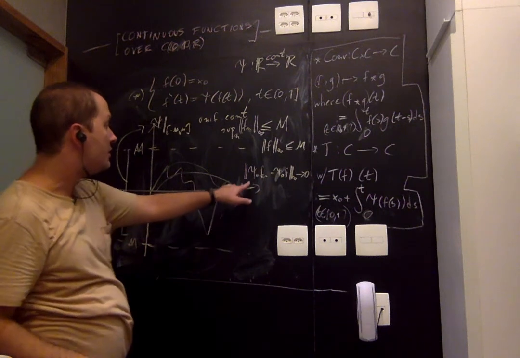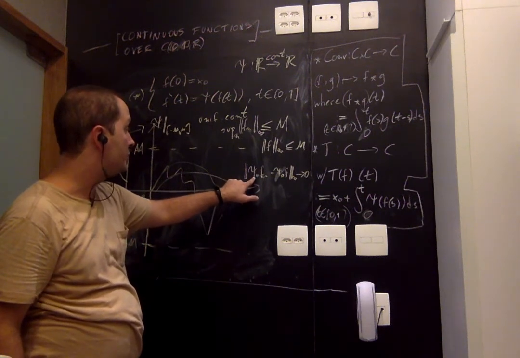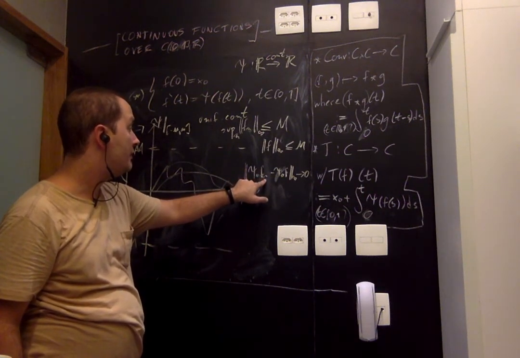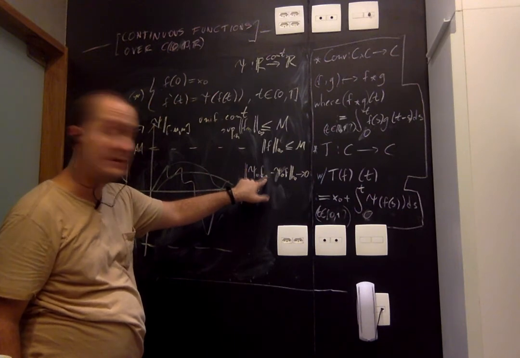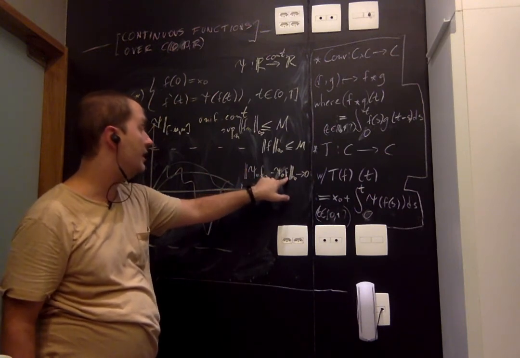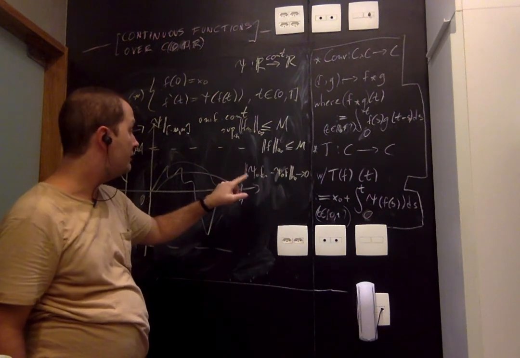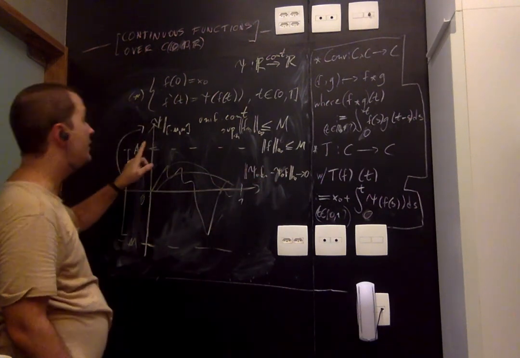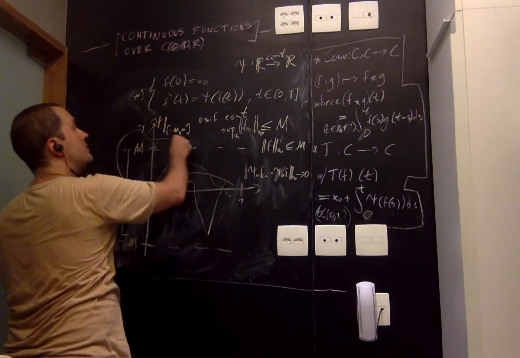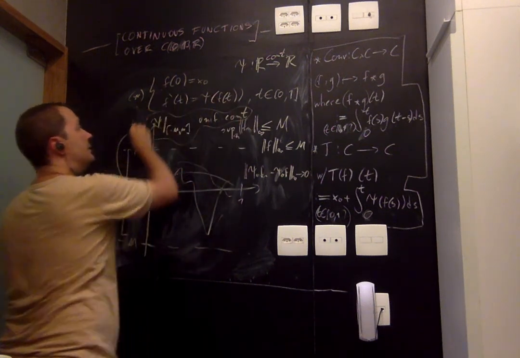Now, if you just use continuity, it's easy to prove pointwise convergence, that psi of f sub n computed at t converges to psi of f of t for all t. But that's not enough. You need uniform convergence. And for that, I claim you need to use uniform continuity of psi.